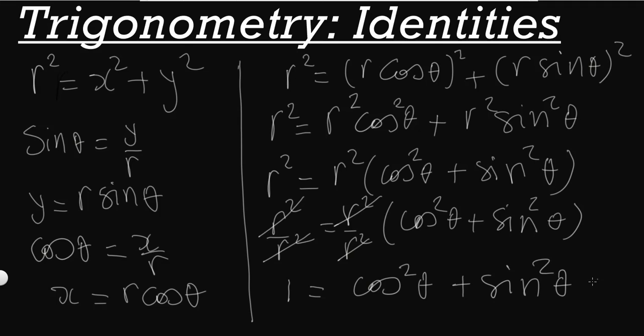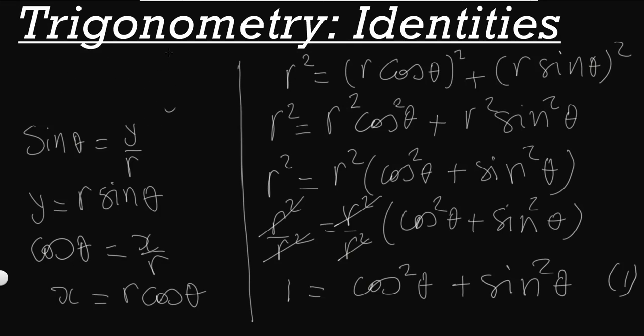So this is our first identity. So the first identity here, we have 1 equal to cos squared plus sine squared.